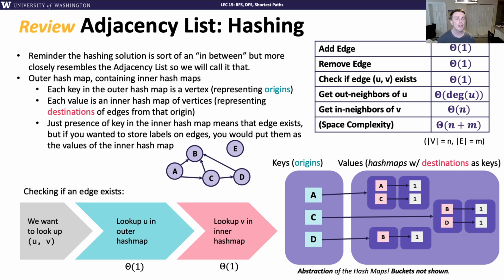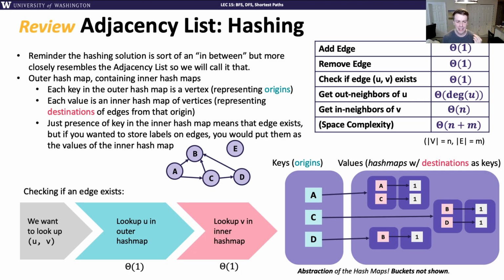Just to be a little bit more consistent, I'm going to call this an adjacency list, but specify that it's one that's using more hashing. It's similar to the adjacency list I just described, but now the values are going to be hash maps, where you might hash the destination as key, and then something like the edge label, or 1 or 0, true or false, if the edge is present, as the value.